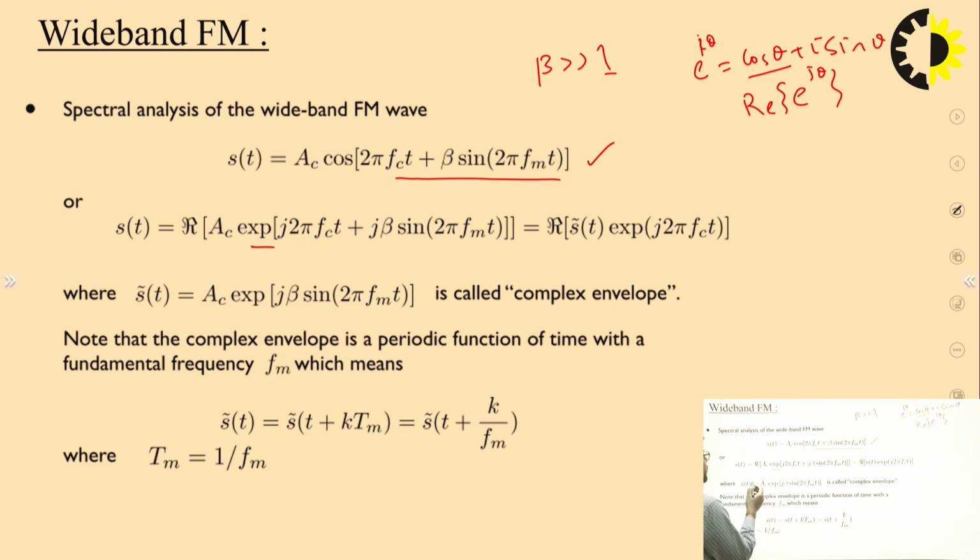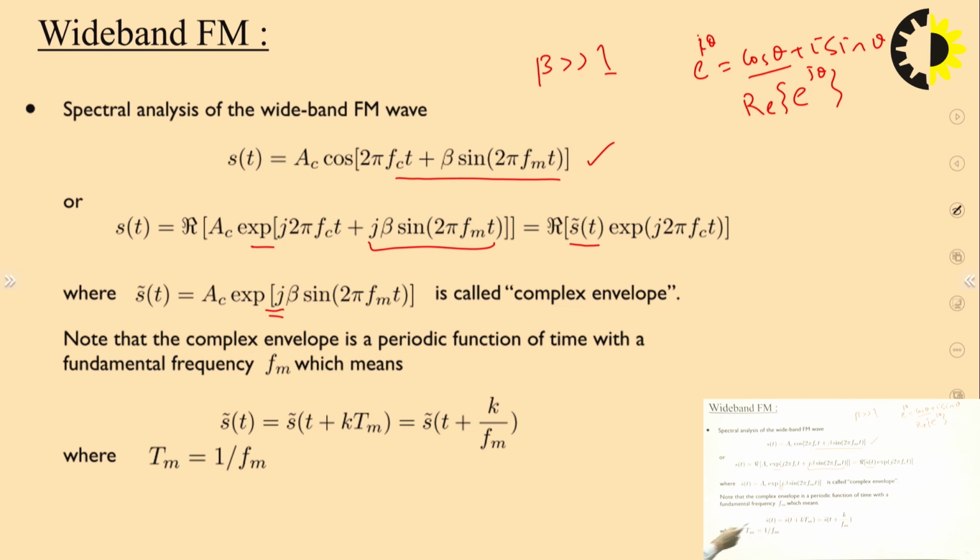Right, here I am writing this as s bar t times exponential of j 2 pi fc t. I am splitting this equation into two terms. The first term, the exponential of this term, we are representing with s bar t. Because this is a complex envelope, we can say this is a periodic function of time.